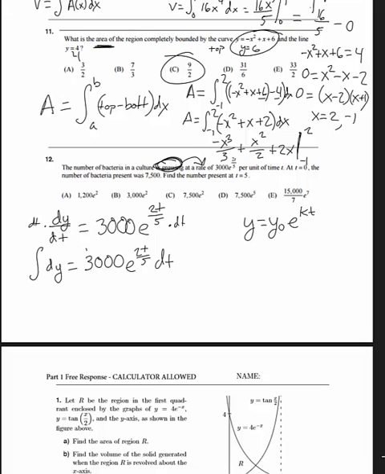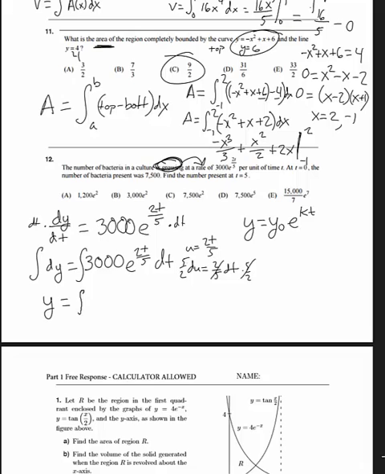Integrate both sides. y equals, this is going to be u substitution, u equals 2t over 5, du equals 2/5 dt. So if I multiply both sides by 5/2, we get dt is equal to 5/2 du.